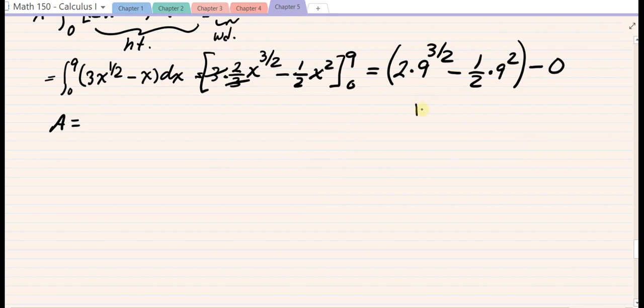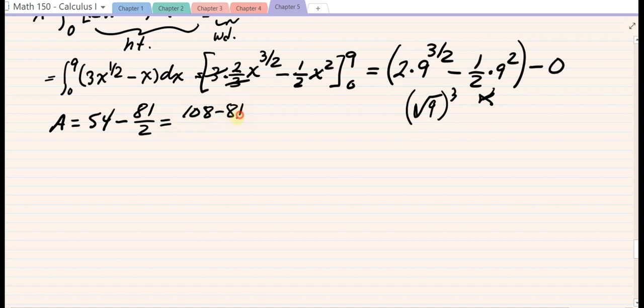That would be the square root of 9 cubed, so that's 27. 27 times 2 is 54. Minus 81 halves. And that's going to be 108 minus 81 halves, combine fractions, and we get 27 halves for the answer in this one.